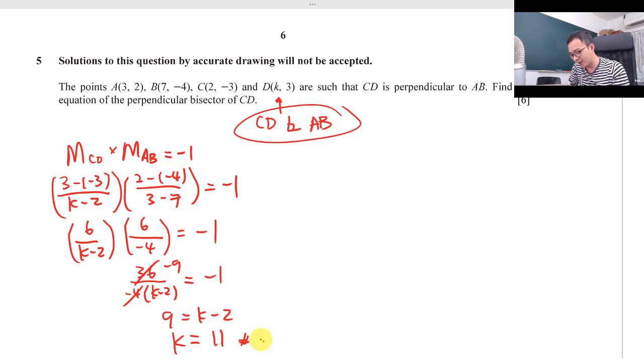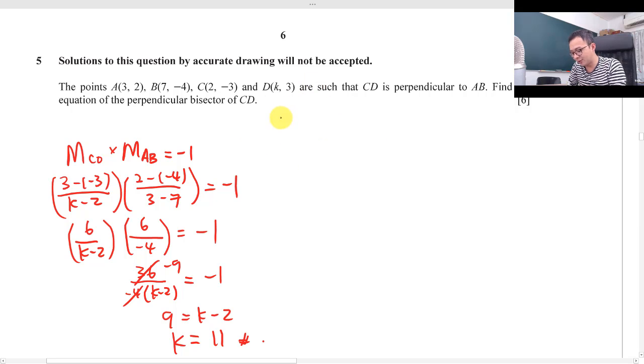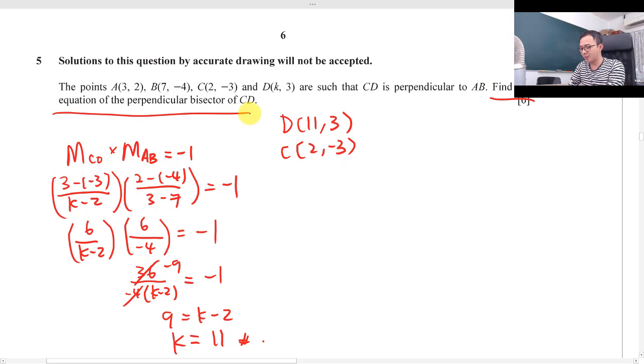After I got my k value, I always like to substitute back into the coordinate D here, and then I have the C over here. Because the question asks for the equation of the perpendicular bisector, whenever you see perpendicular bisector you need to find two things. First, your midpoint.